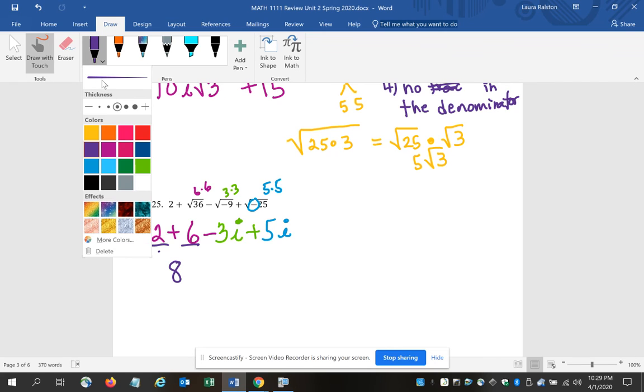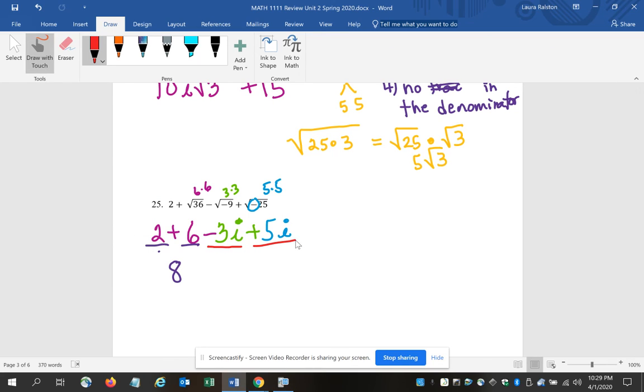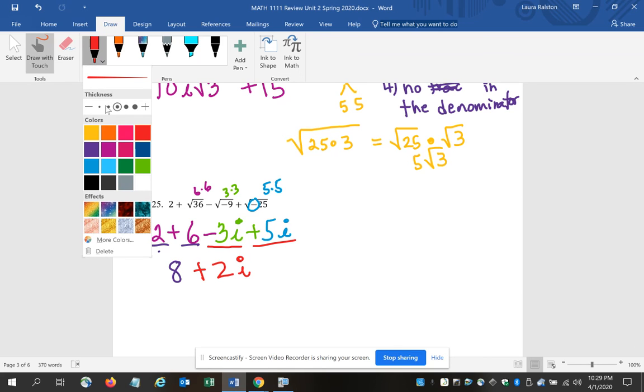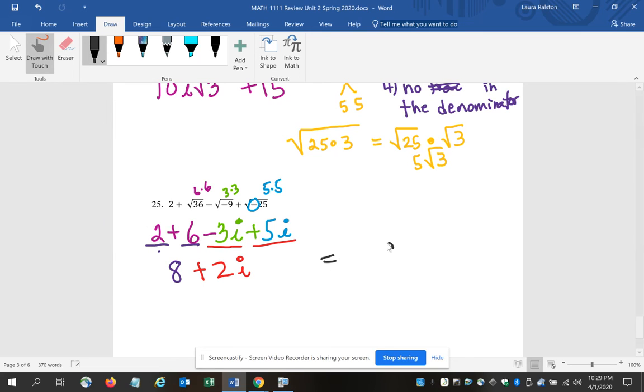I can also then take the pieces that are imaginary, the ones with i's, negative 3i plus 5i, and I can combine them together. So 5 minus 3 would be positive 2i. So ultimately, when I simplify that particular expression, my final answer is going to be 8 plus 2i.